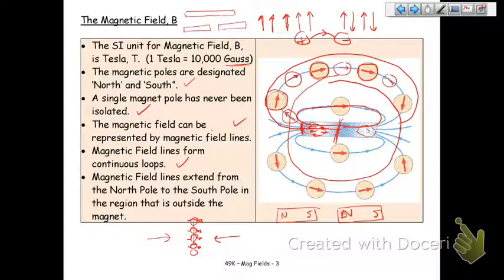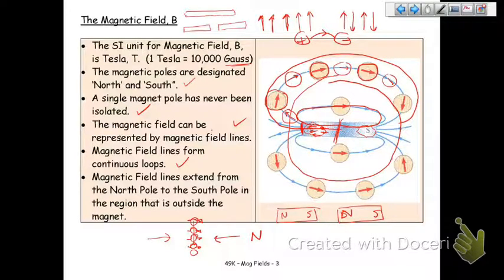Magnetic field lines extend from a north pole to the south pole in the external field. Let me show you how you remember that. Point your finger. What's this bit called? Knuckle. There's your north. What's this bit called? Point two fingers. What are they called?